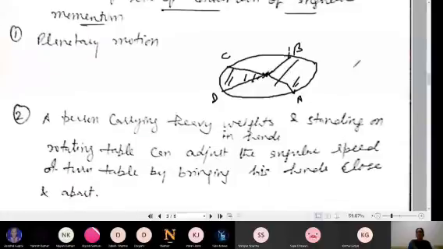This was my Kepler's second law, dA by dt is constant. Now what is happening to the angular velocity? When I'm changing I, omega is getting changed accordingly.